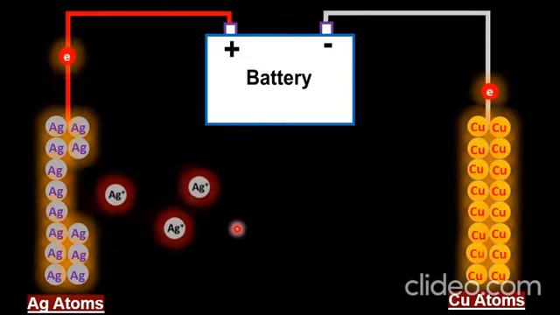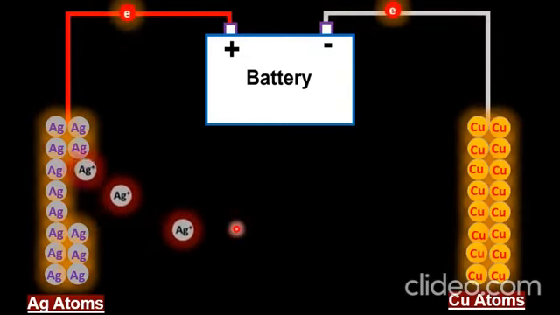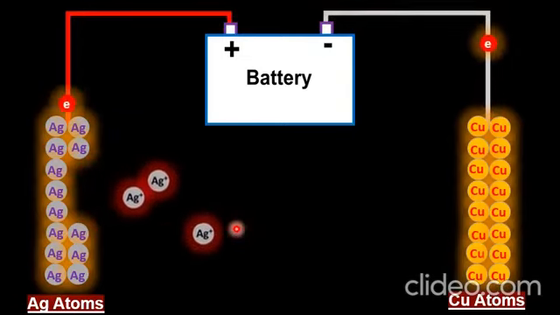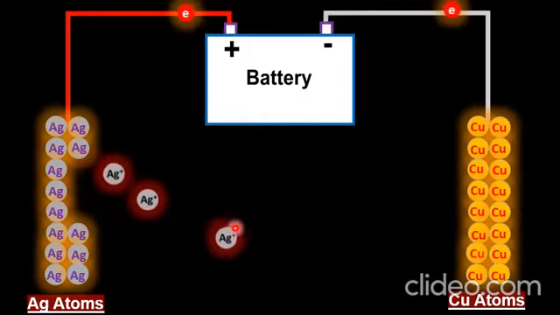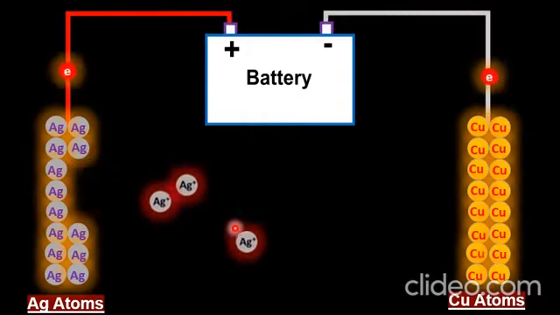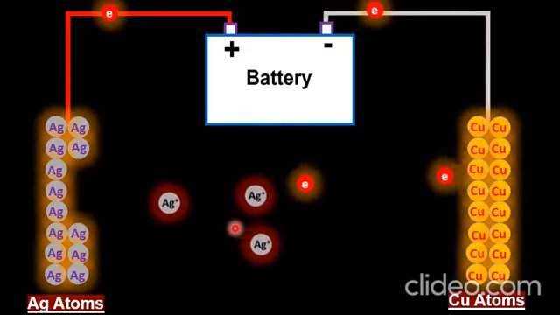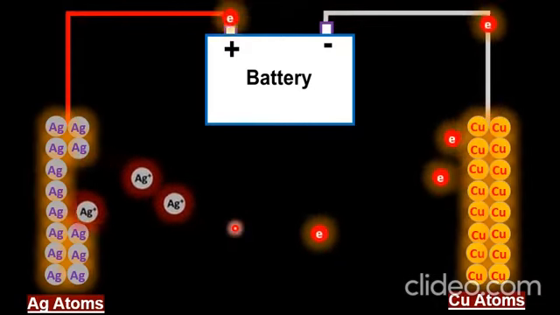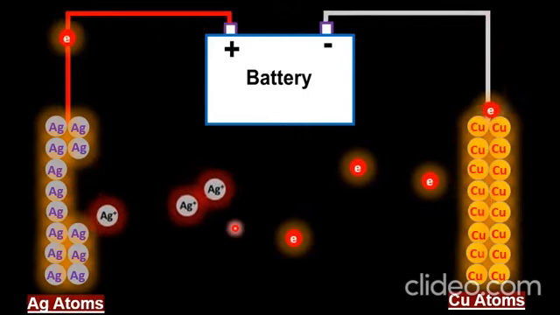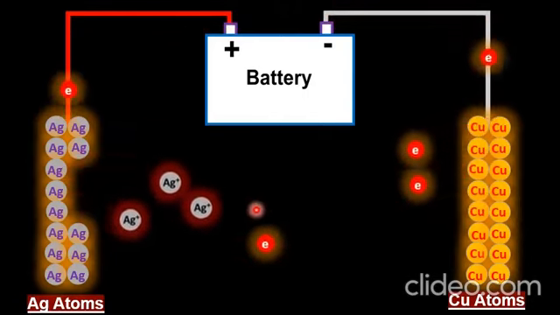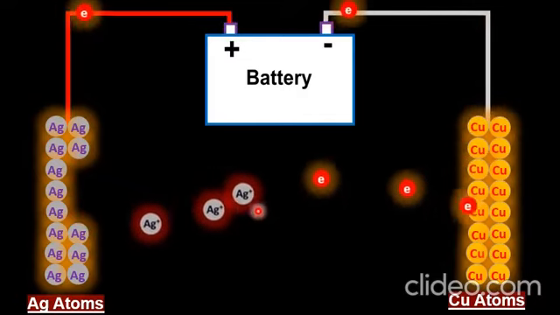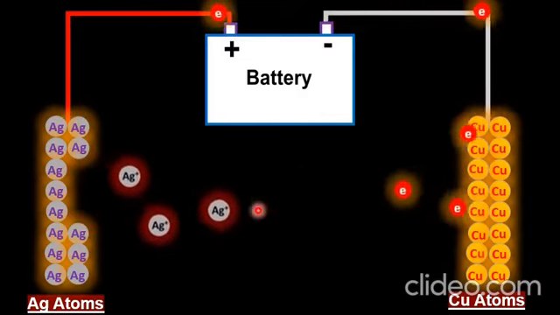Both of those particles are oppositely charged, so they will attract each other. So when the electron and silver plus ion attract each other, the silver plus ion, by gaining an electron, will be converted into a neutral silver atom, like this.